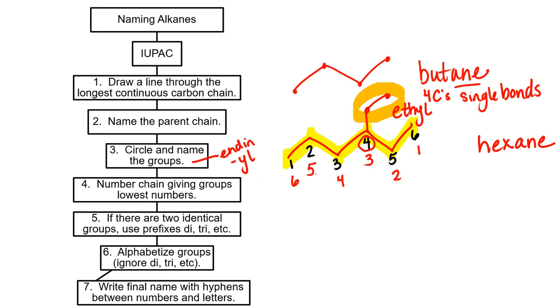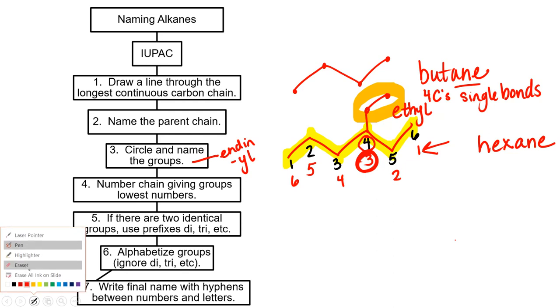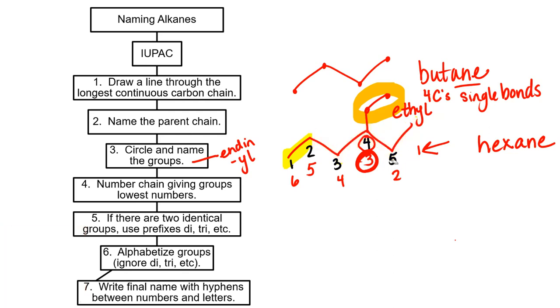Right to left, we'll have 3-ethyl. We want to give the groups the lowest numbering. So we're going to pick the numbering direction from right to left, and we're going to get rid of the numbers we wrote in black. So then we'll have 3-ethyl. So it's 3-ethylhexane.